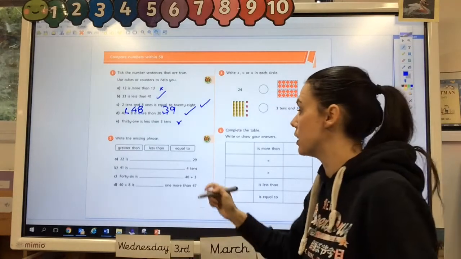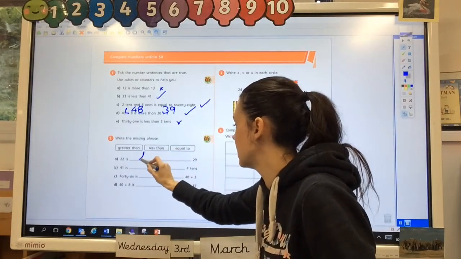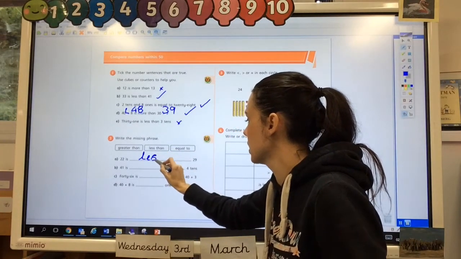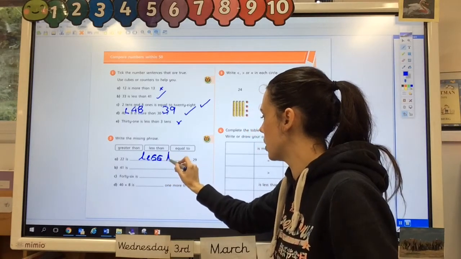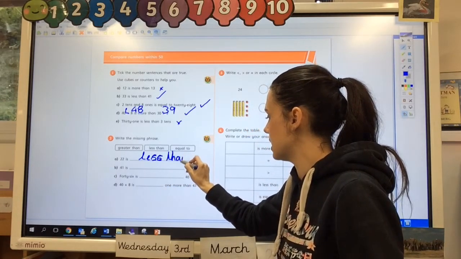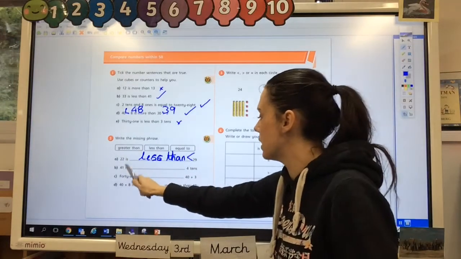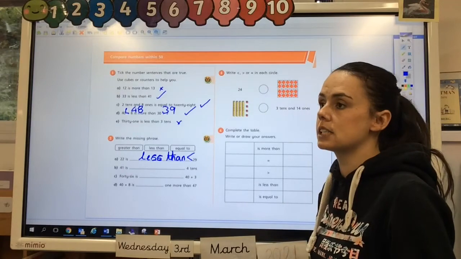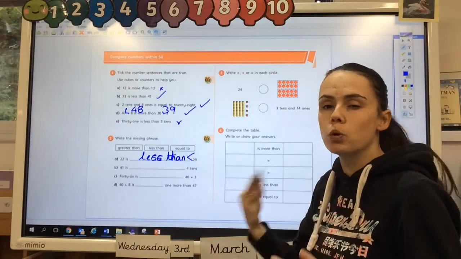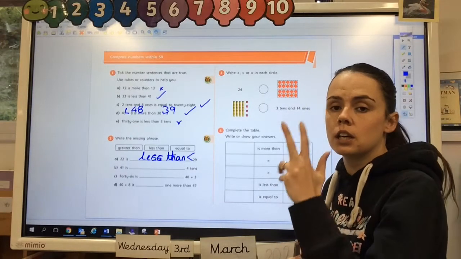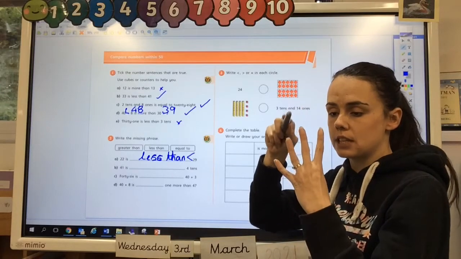It's because it's closer to 1. So less than, I'm going to have a go at writing less than. If you want to, you can have a go at doing the symbol if you don't want to write it. So it would be this symbol here. Now, 41 is something to 4 tens. So we know what 41 is, but what's 4 tens? 4 tens, so 10, 20, 30, 40.